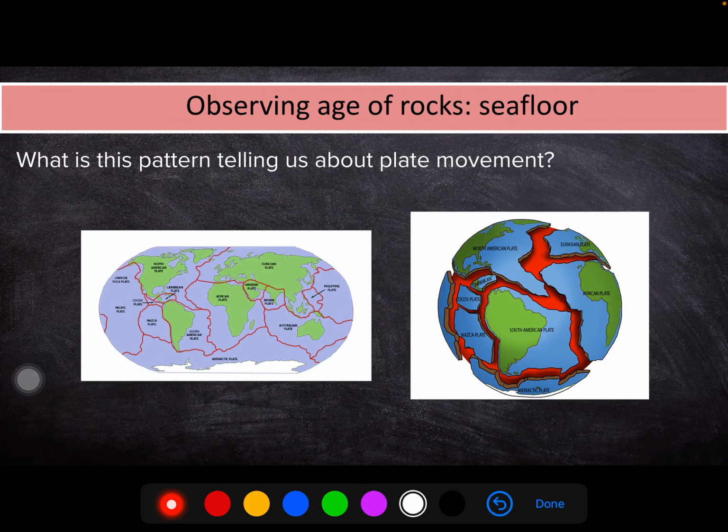So what does that mean? Well, it's cluing us in that we're not just looking at how the continents are moving, but we're looking at how the entire tectonic plate moves and how they interact at what we call plate boundaries.